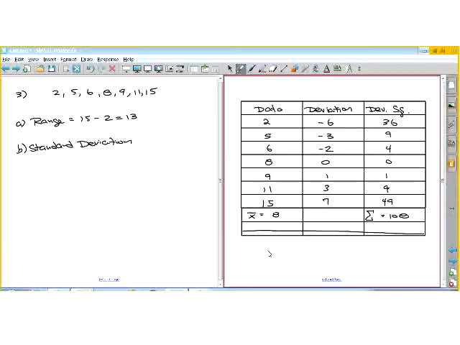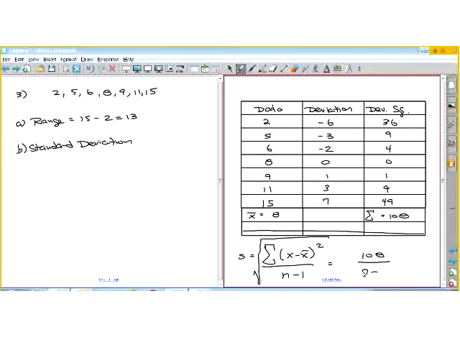So the standard deviation is defined as the square root of the summation of the deviations squared, which is what we have here, divided by n minus 1. N is the number of data points. So the numerator of this calculation is 108.